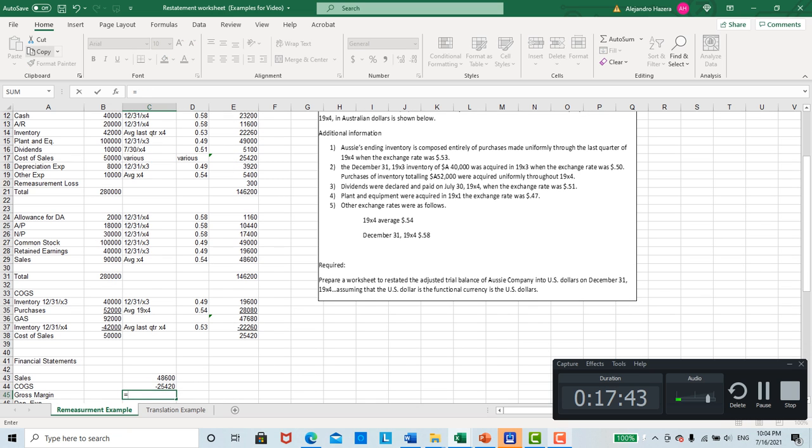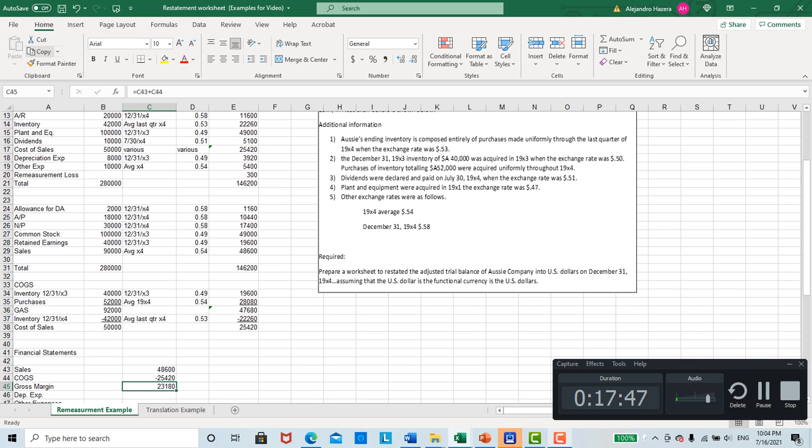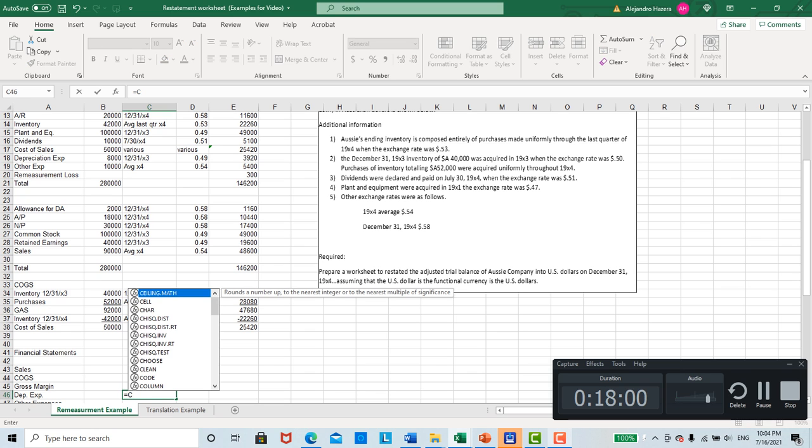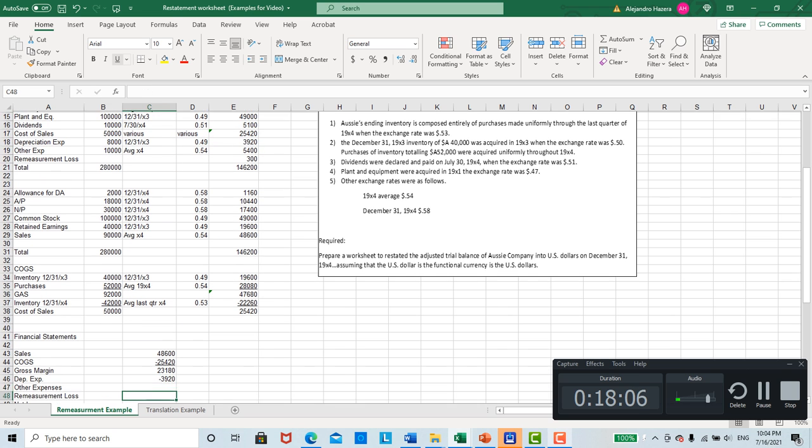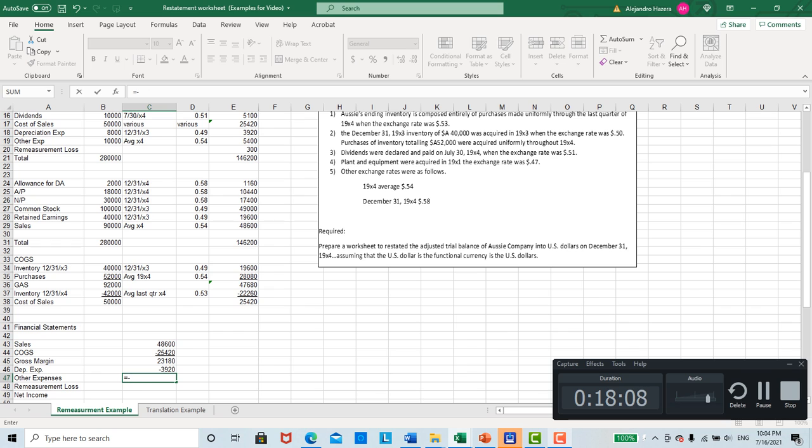So your gross profit is 23,180, and we'll underline that. Your gross margin is 23,180. Take out the expenses we have here: negative depreciation expense minus 3920, minus other expenses minus 5,400.